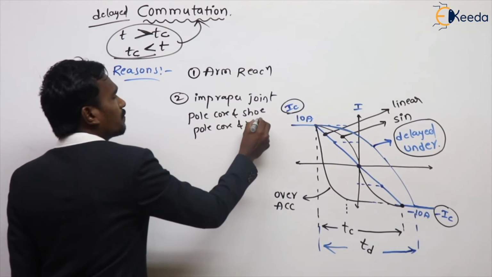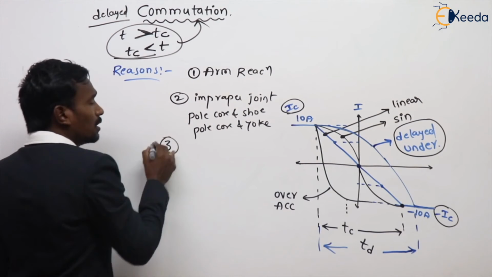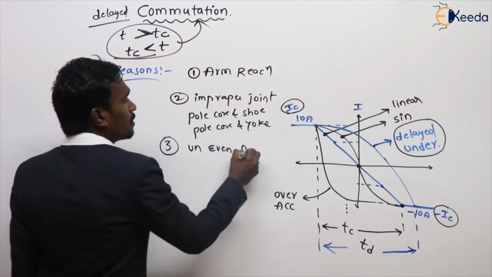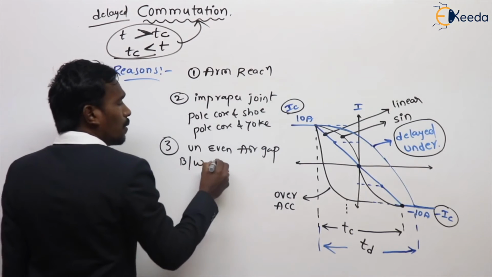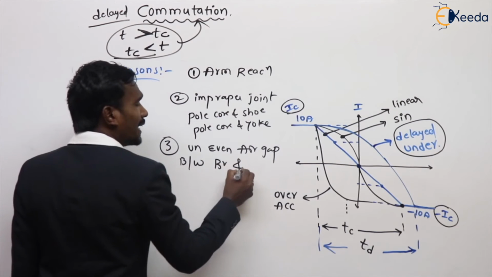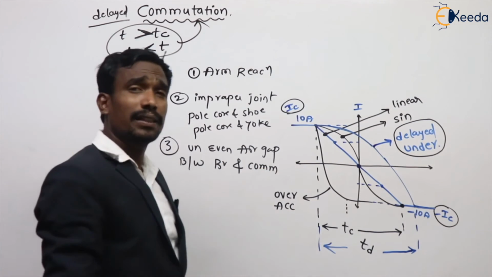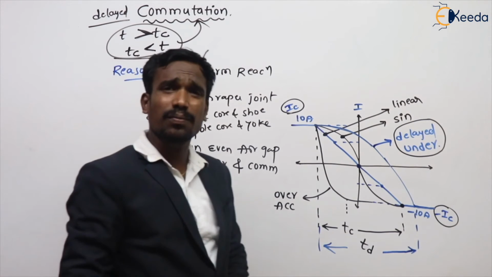This is also one of the reasons. And next one, improper or uneven air gap between brushes and commutators. These are the reasons for delayed commutation.